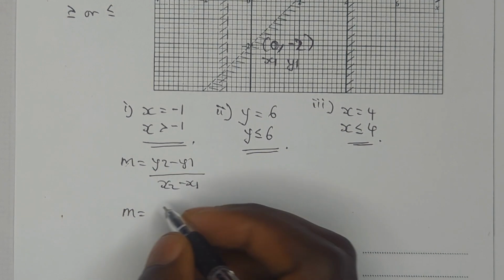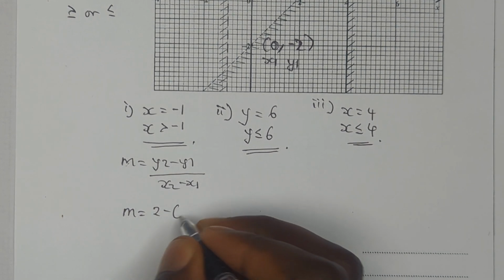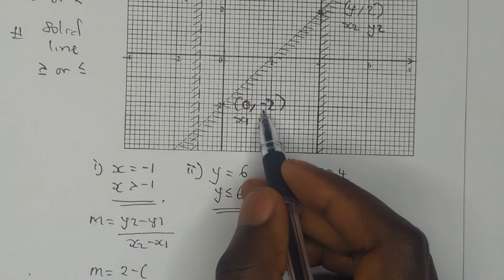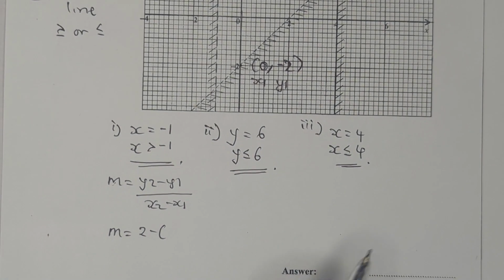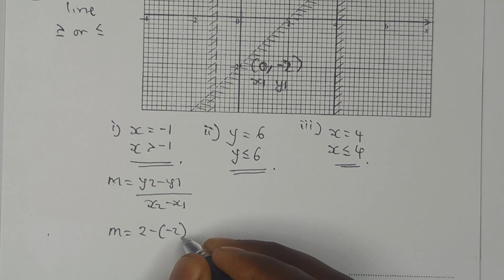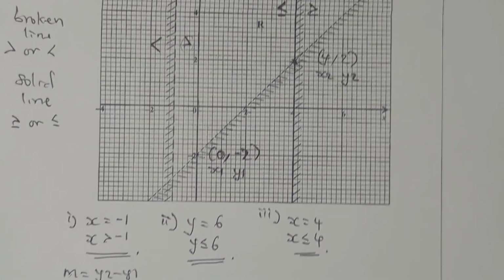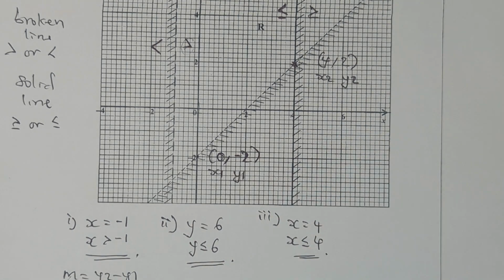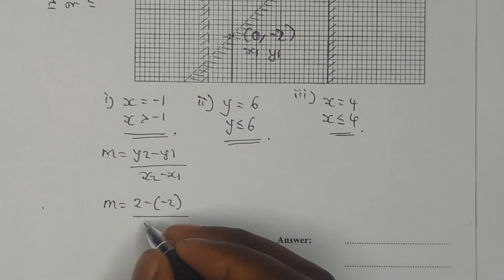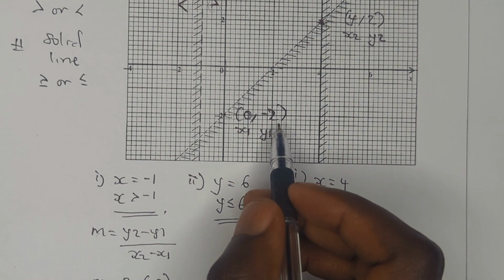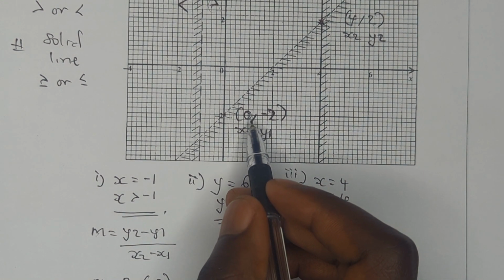M is equal to y2, that is 2, minus, open bracket, y1, which is -2, over x2, that is 4, minus x1, that is 0.